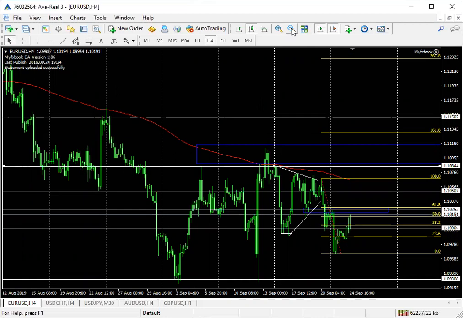Obviously, no one knows for sure. However, if you're working with probabilities, this looks to be a very high probability trade setup. So around 1025, you'd like to see something that confirms that the market is ready to go down. Otherwise, you just leave that particular market.